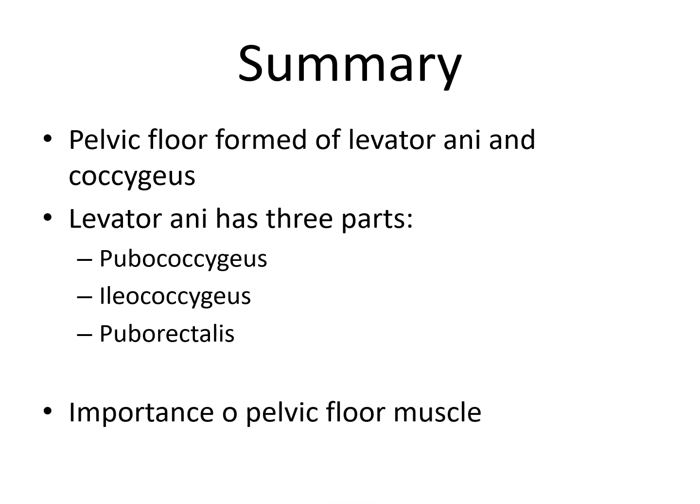And then we have the coccygeus muscle. We talked about the importance of the pelvic floor muscles in continence, in the support of the abdominal contents, in prevention of prolapse or support during increased intra-abdominal pressure, and we talked about pelvic floor dysfunction.